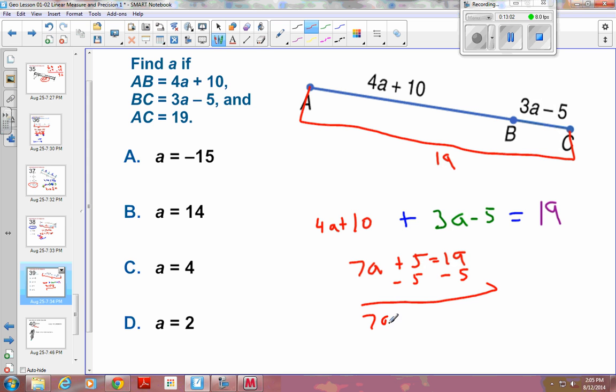So 7A is equal to 14. And then divide both sides by 7, so A is equal to 2. And if I need to write that step in, I divide it by 7, and I divide it by 7 here. And there's no units on this, so just my answer of A is 2. And so that's the final answer, and it only asked you to find A, it didn't ask you to do anything else.